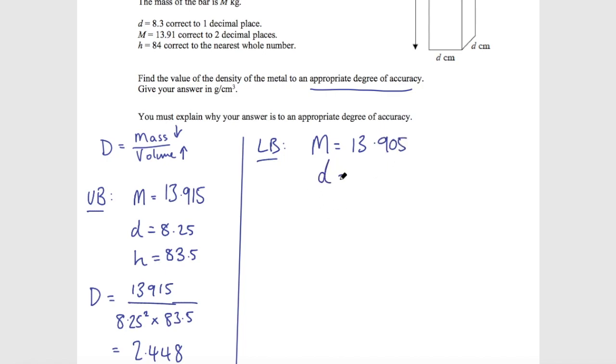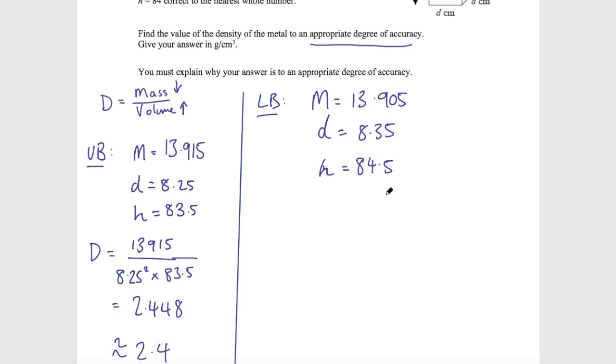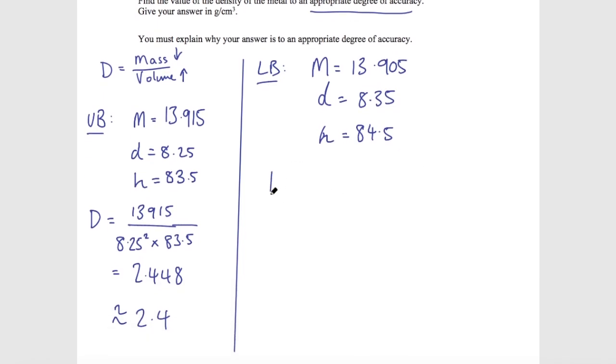The upper bound for d will be 8.35, and the upper bound for h will be 84.5. And so the lower bound for the density will be, again converting to grams, 13,905 divided by 8.35 squared times 84.5. Put that into a calculator.